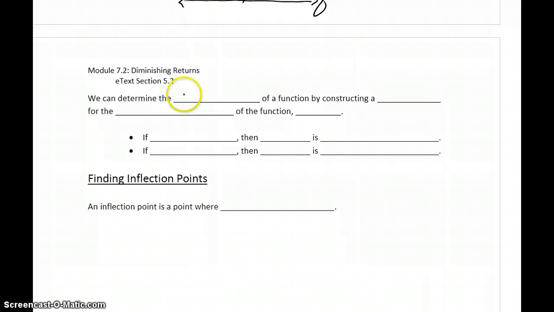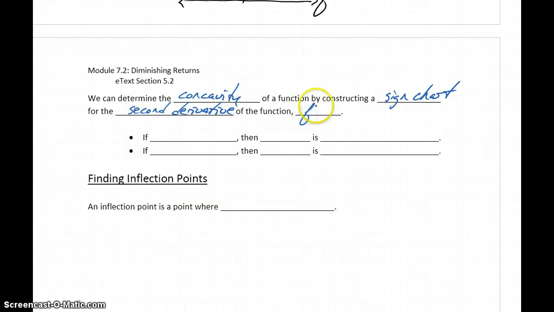So we can determine the concavity of our function by constructing a sign chart for the second derivative of our function, which we denote as f double prime of x.